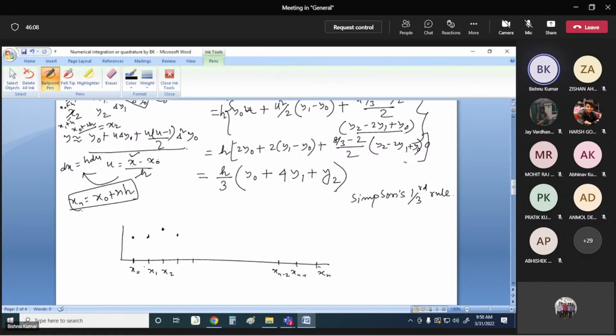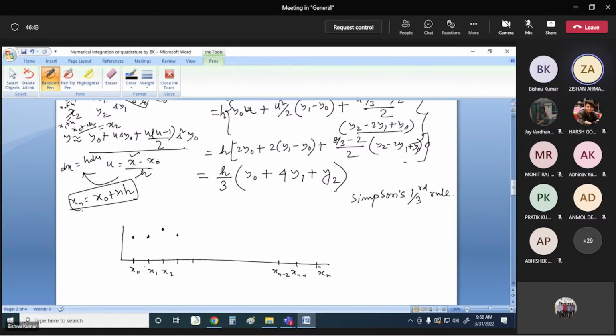The last interval is also xn minus 2 to xn of y dx, and in every integration I will use the Simpson 1/3 rule. So that will be h by 3. For x0 to x2, we have calculated h by 3 into y0 plus 4 y1 plus y2.